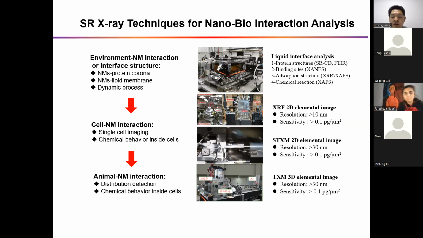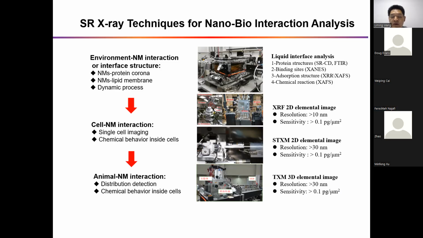Second, we can use X-ray absorption spectroscopy to detect the binding site of nanomaterial with some proteins when the protein forms the hard corona on the surface. Third, we can use X-ray reflectivity to detect how nanomaterials interact with lipid, to detect the lipid structures after the absorption.